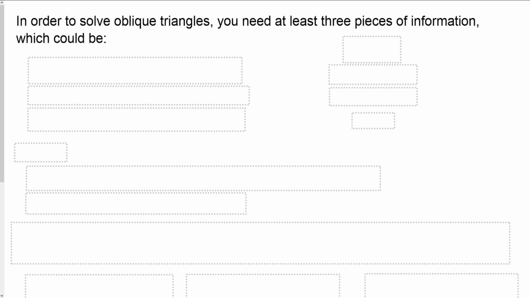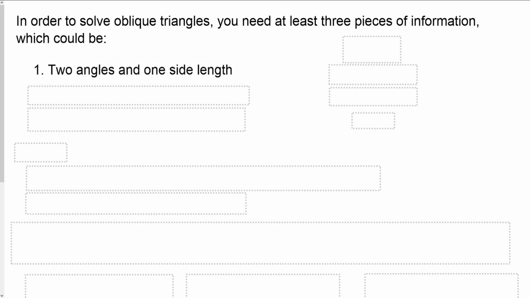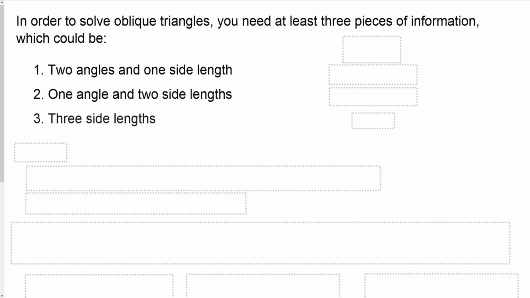In order to solve oblique triangles, you need at least three pieces of information, which could be two angles and one side length, one angle and two side lengths, or three side lengths. If you have these pieces of information, you can probably solve for the triangle that exists.